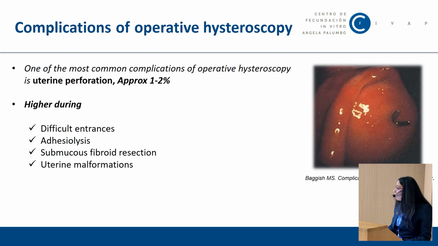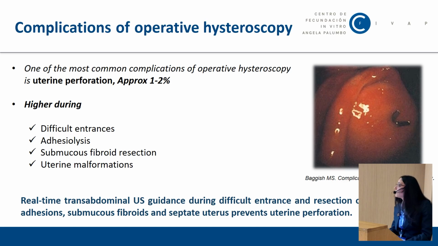In all more than 3,000 cases that we studied, we had no cases of uterine perforation, and we concluded that real-time transabdominal guidance during difficult entrances and resection for intrauterine adhesions, submucosal fibroids, and septate uterus prevents uterine perforation.